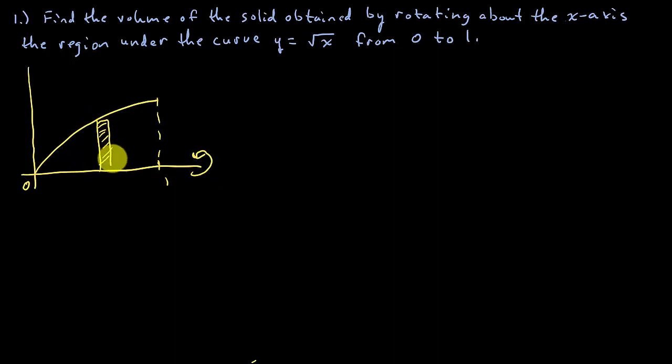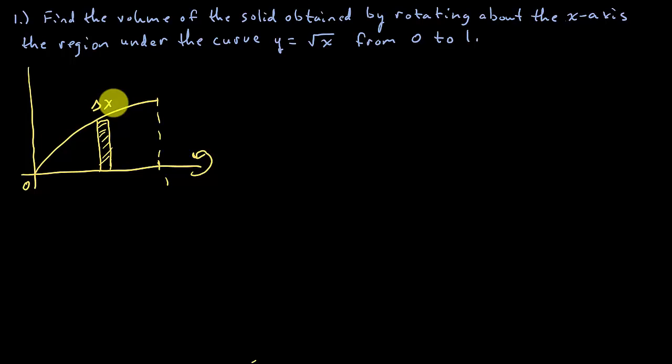An easy thing to remember is that when you draw your rectangle in, if you're using the disc or the washer method, your rectangle is drawn in perpendicular to your axis. And the first thing I do is label the width of the rectangle. In this case, that width is delta x.